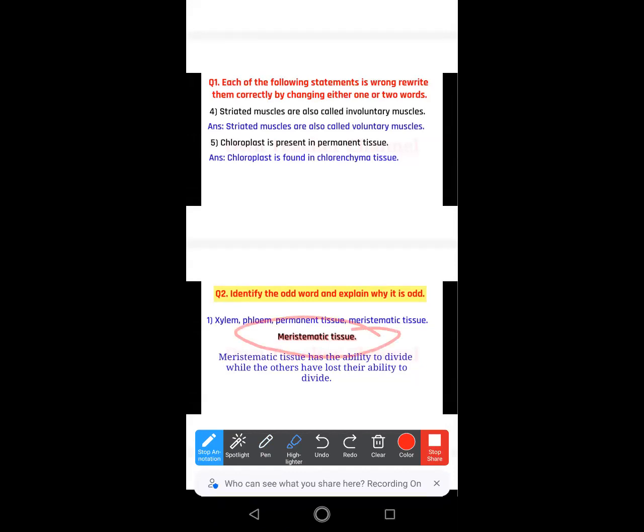Why? Because the reason is given here. Meristematic tissues have the ability to divide, while the others have lost their ability to divide. Meaning meristematic tissues can divide into other sub tissues. And the others, xylem, phloem, and permanent tissues, have lost their ability to divide.